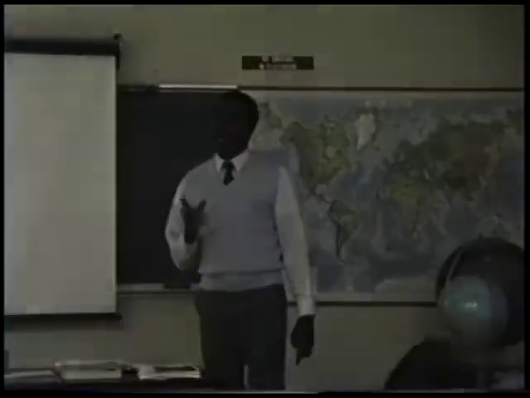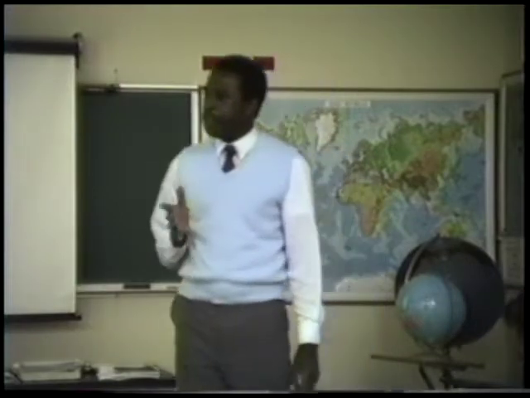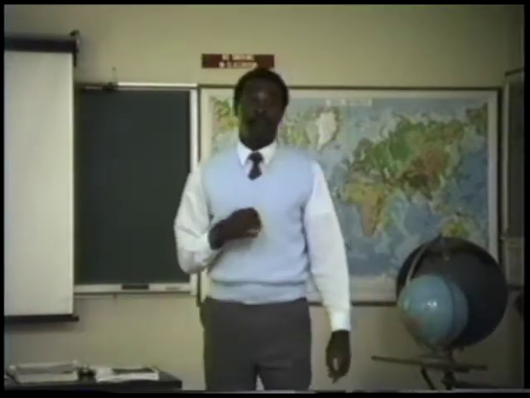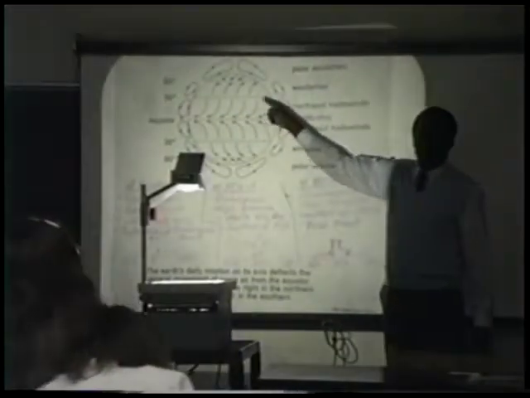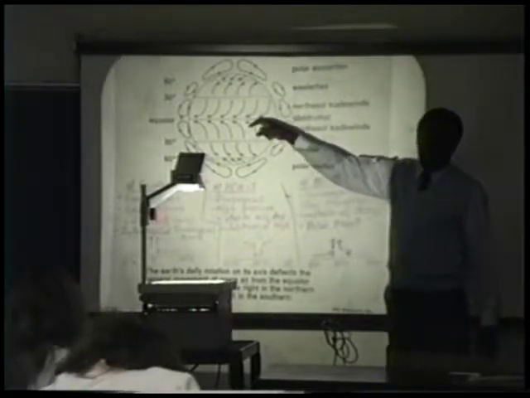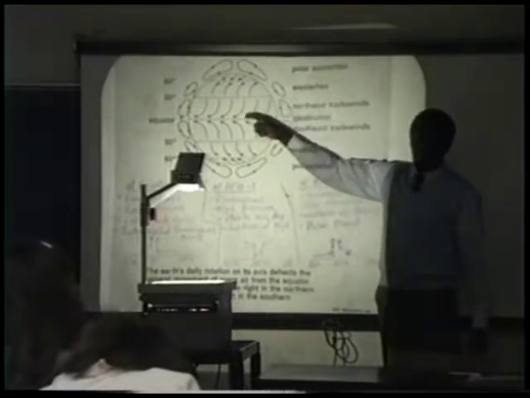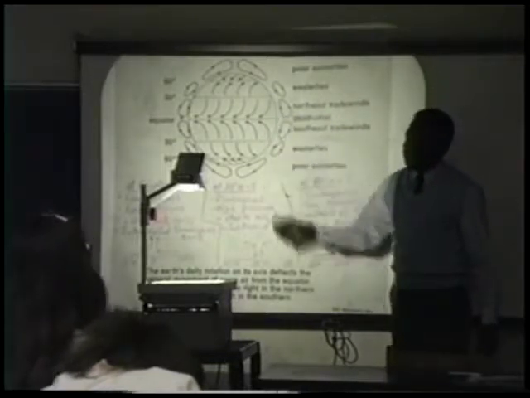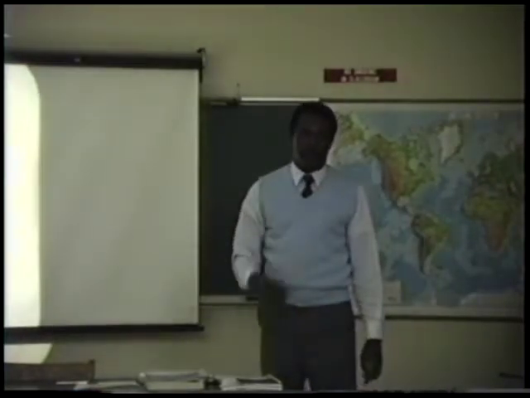Now, another thing that you need to remember is that these winds are named based on the direction in which they come from. So, for example, these winds which originate at 30 degrees north latitude and flow toward the southwest and toward the equator originate in the northeast and flow toward the southwest. Therefore, they are referred to as the northeast trade winds because they originate in the northeast from this particular latitude and flow toward the equator.